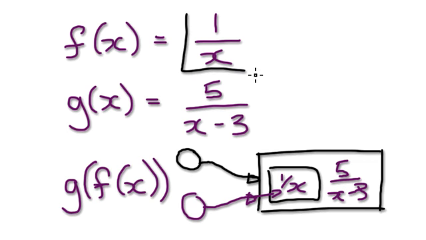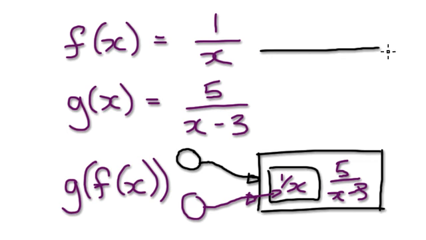So let's look at the domain for the inner function, meaning, let's look at what we can put into this inner machine without it breaking down. Looking at this function, it breaks down when x equals 0.